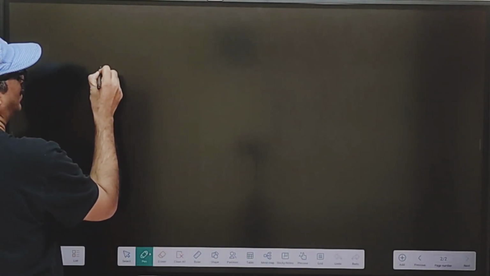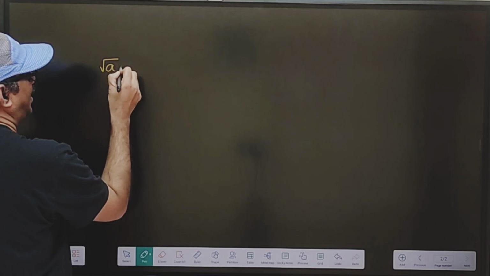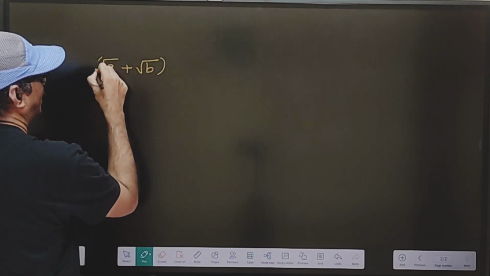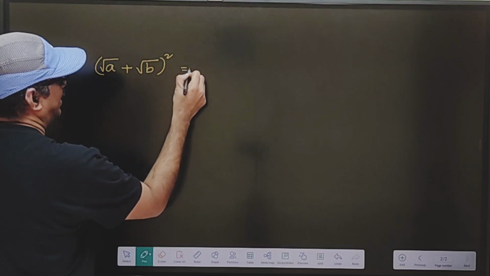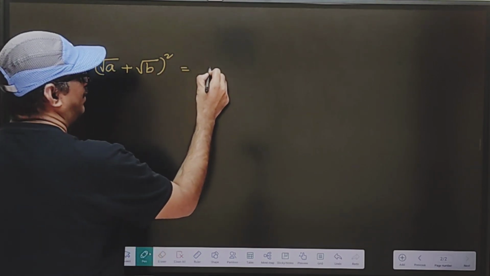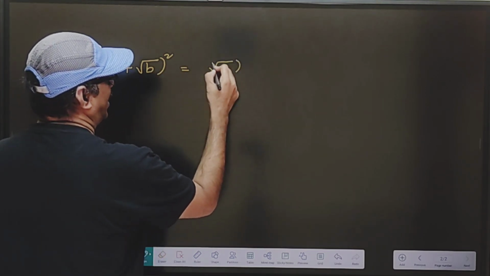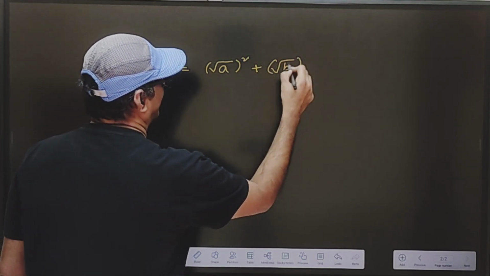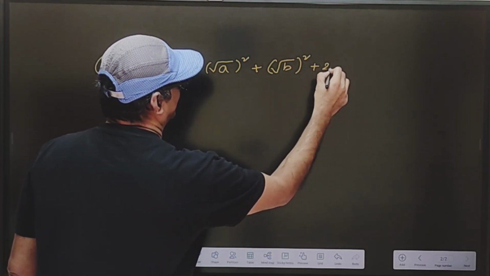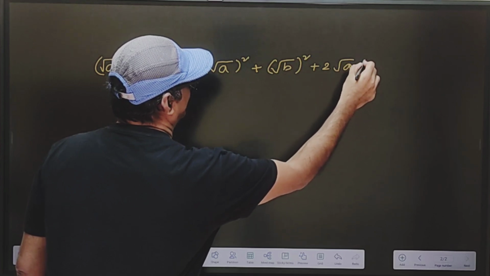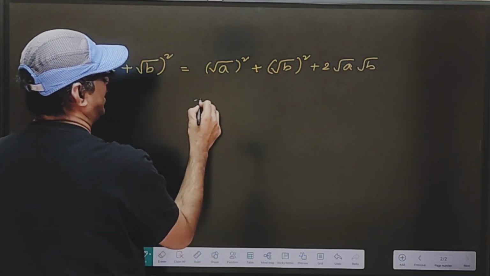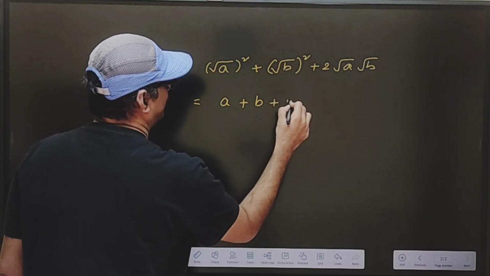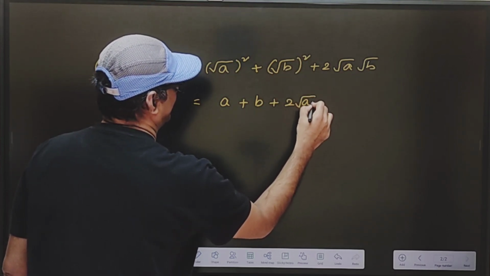now let us say root a plus root b whole square. Let us square it. What it will become? Root a whole square plus root b whole square plus 2 into root a into root b, which is equals to a plus b plus 2 root ab.